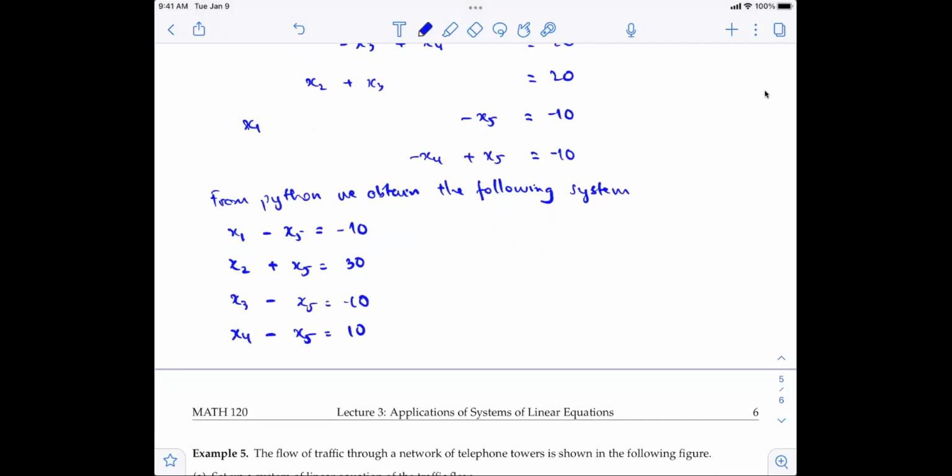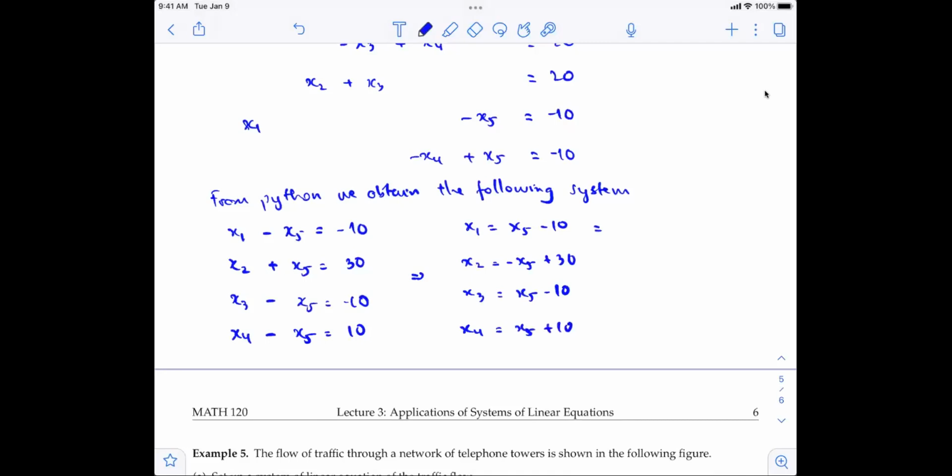So in this case, we can solve for x1, x2, x3, and x4 in terms of x5, and we say that x5 is a free variable. So it implies that x1 is equal to x5 minus 10, x2 is equal to negative x5 plus 30, x3 is equal to x5 minus 10, and x4 is equal to x5 plus 10.